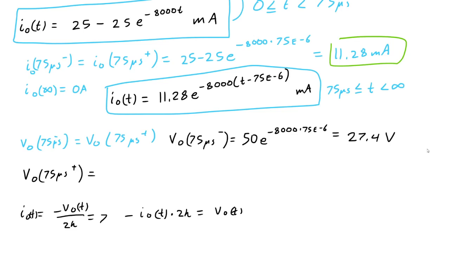So we're going to plug in the current at 75 microseconds plus, which we know is 11.28 milliamps. So negative 11.28 milliamps times 2 kilo ohms. It's going to become negative 22.56 volts.